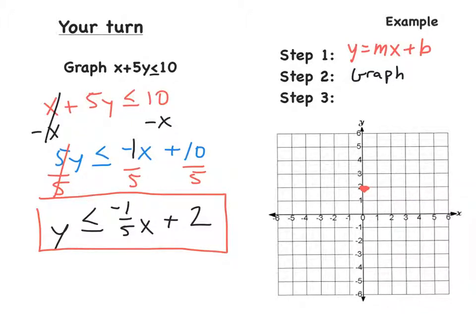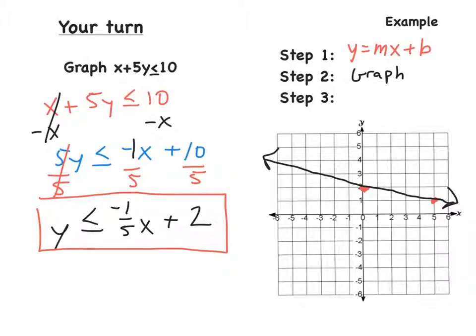We're going to put a point right here. Next thing, we have to draw our line. Now remember, this is less than or equal to. Since it's equal to, we are going to draw a solid line. So from here, we'll just draw a solid line and connect it. There we go.